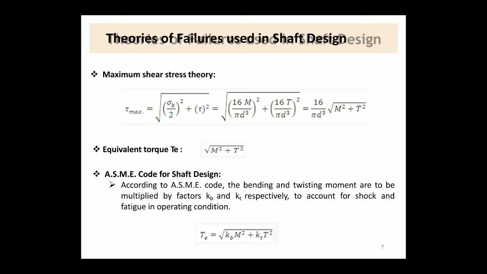According to the ASME code, the bending and twisting moments are to be multiplied by the factors Kb and Kt to account for shock and fatigue in the operating condition. So the final equation for the equivalent torque Te is the square root of (Kb M) square plus (Kt T) square.